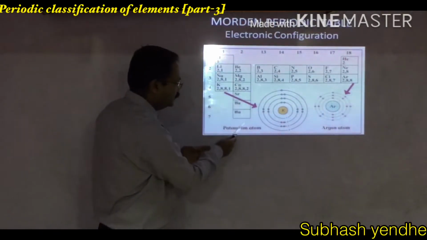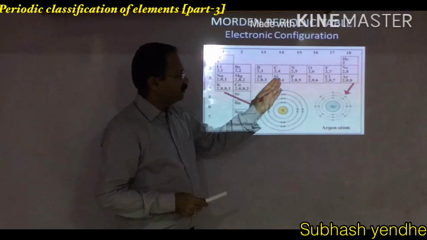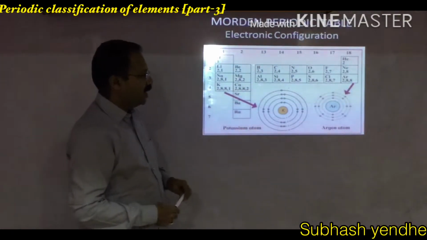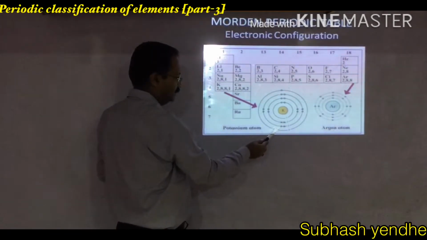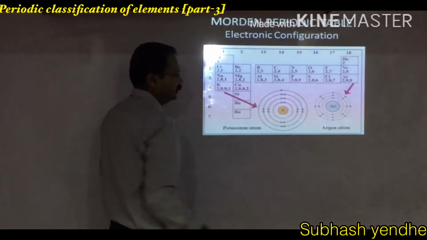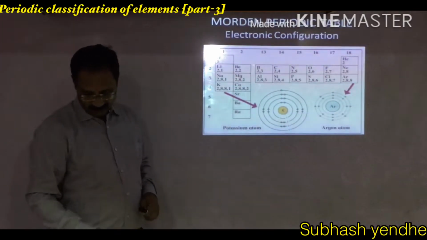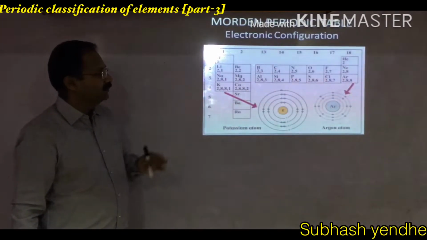Therefore they are in the second group, and those are in the first group. Same as this, up to the 18th group I have shown you. Argon, its octet is totally completed, and this is potassium. In potassium, in the outermost shell there is only 1 electron. This is the electronic configuration from the first to the 18th group.